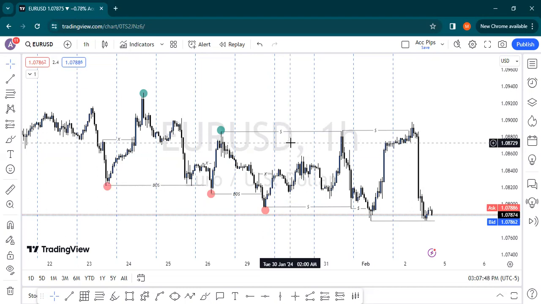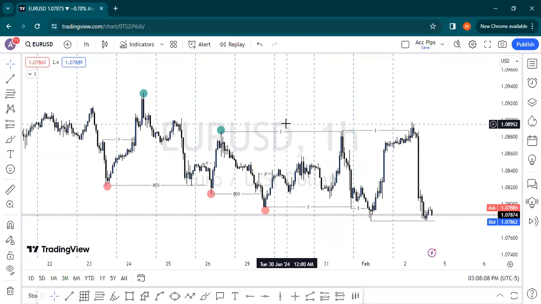But when we get the entries from our extreme OBs, then we look to go in the hard way, because it is always high probability areas that we make entries from. It doesn't mean that you do not make losses from there. You can make losses, but those are always valid losses.